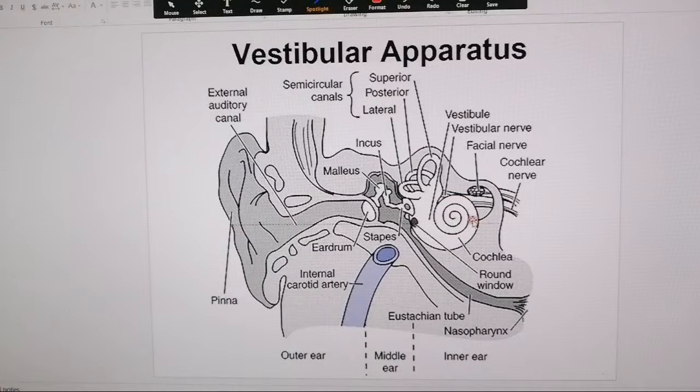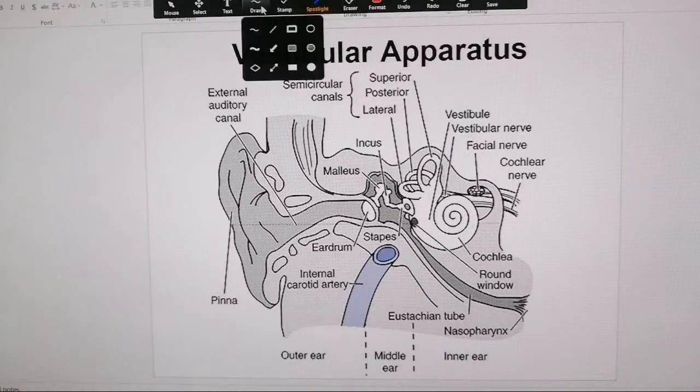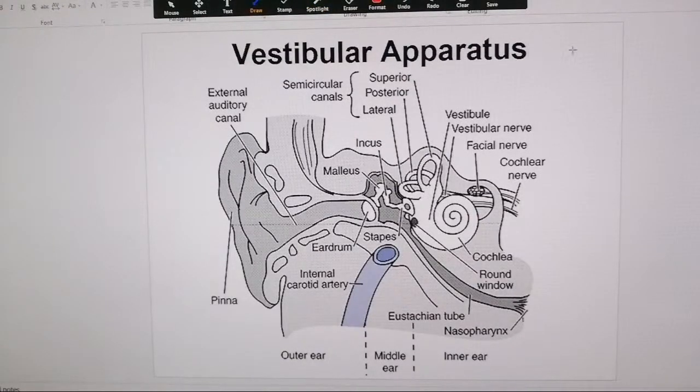Now hearing is a special sense. What we are concerned with primarily is not the cochlea, but this thing here.